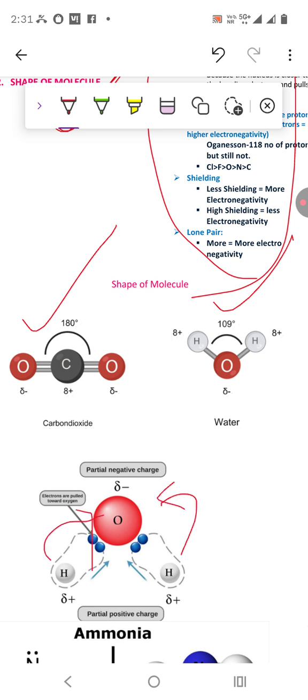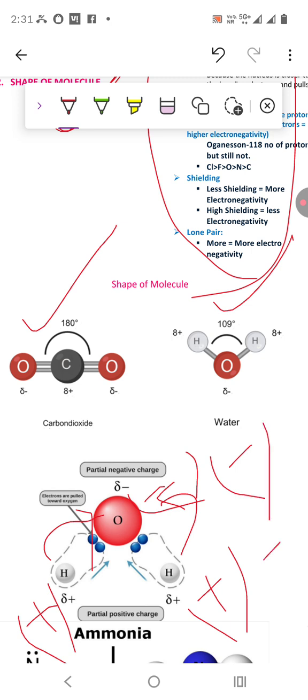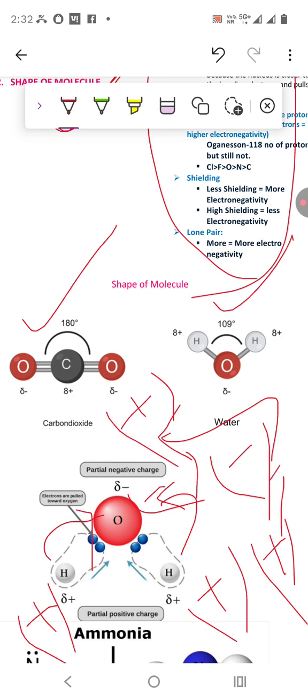Since it attracts the shared pair of electrons, the oxygen becomes partially negative and the hydrogen becomes partially positive. So one end is partially negative, the other end is partially positive. That's why water is polar in nature. Because this negative part will attract a positive part and this positive part will attract a negative part. So these water molecules hold together.